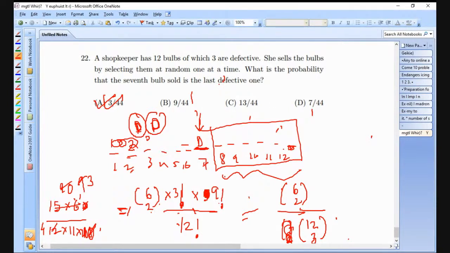That's the question. We are using conditional probability here. So how can we use random variables? Tell me.